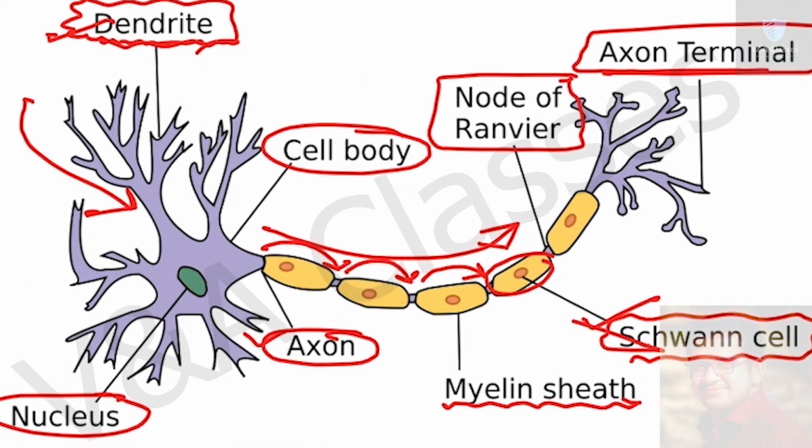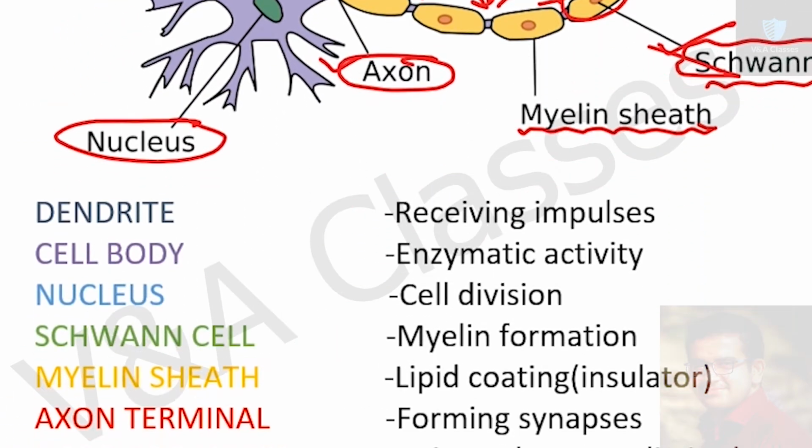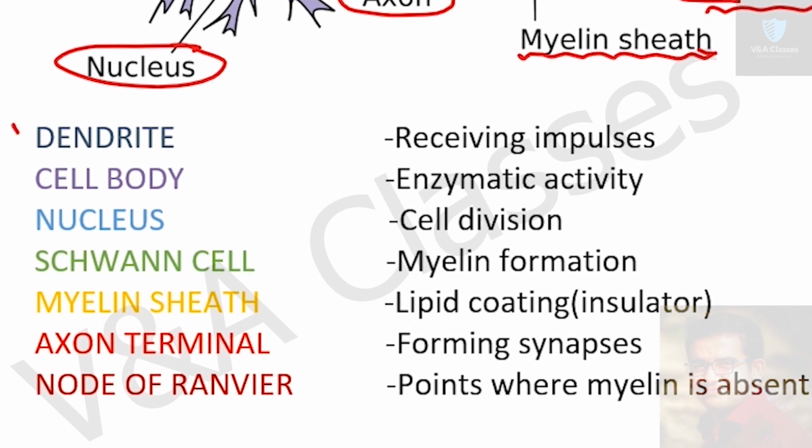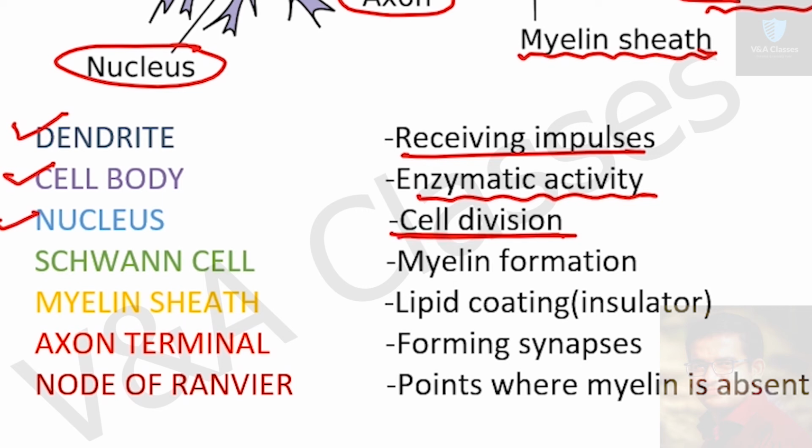So we have seen all the parts. Now let's revise the function of all these parts. The first one is the dendrite, which helps in receiving the electrical impulses. The second part is the cell body, which carries all the enzymatic activity taking place in the neuron. The third part is the nucleus, which is concerned with cell division.